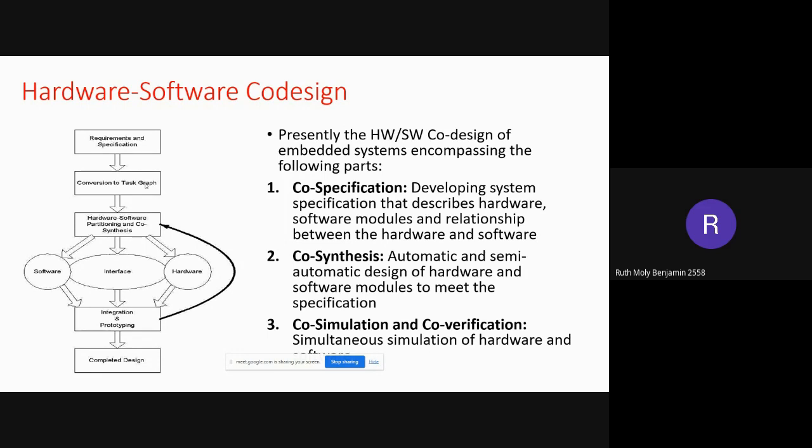That designing process is called co-synthesis. And after you specify and after you design, you need to simulate, and also verify whether your design is proper and you're getting the right results. So that is the third part. So the three parts while designing any hardware software co-design are: co-specification, co-synthesis, and co-simulation and co-verification.